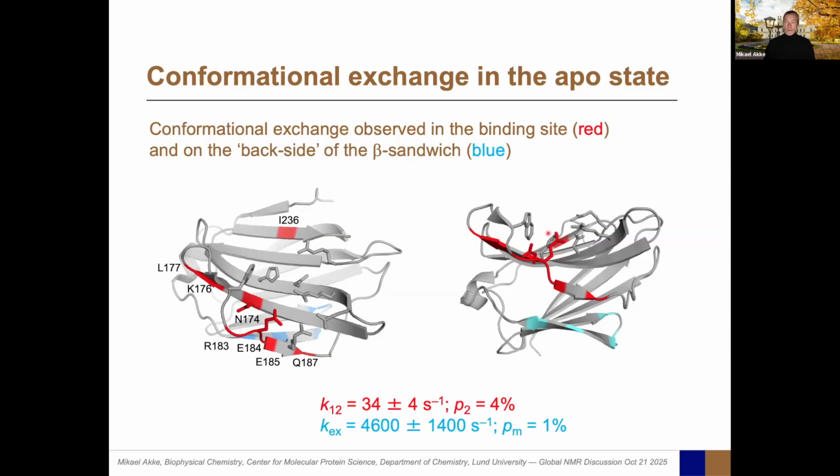And since this is in the binding site, this is the one we're interested in. This is decoupled, has nothing to do with this. So from now on, I won't talk about this conformational change here. You might imagine that this is something to do with the loop structure here that's flexing about a little bit, and that's what we see.